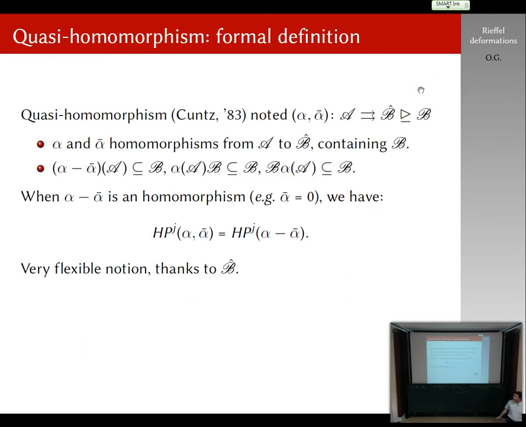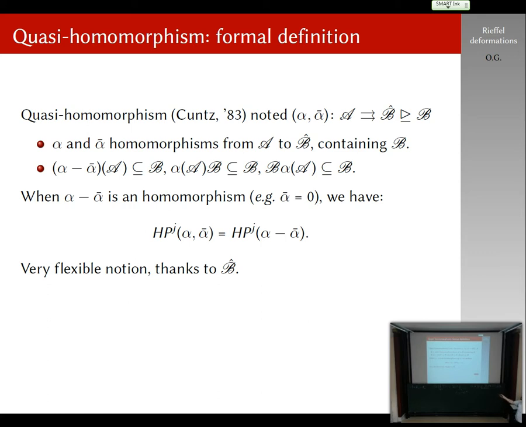That's a central point. So what is the definition of a quasi-homomorphism? That comes from Kasparov's picture of KK theory, a bit adapted to the setting of these special algebras.